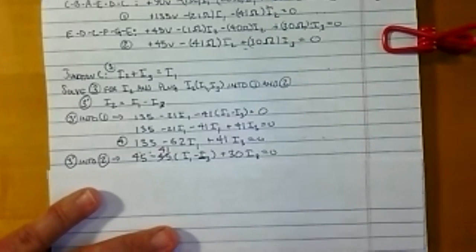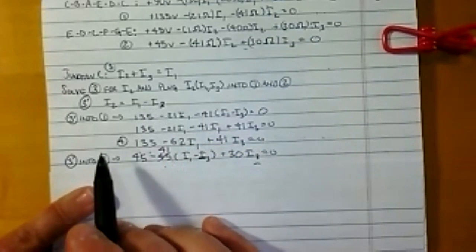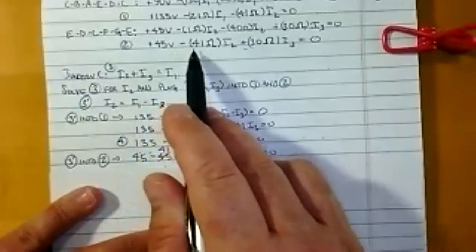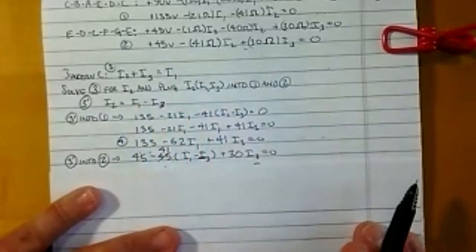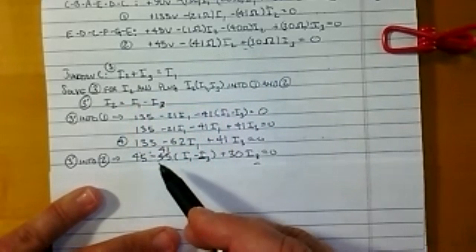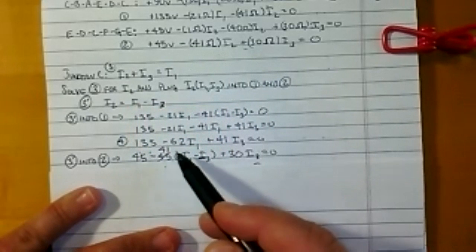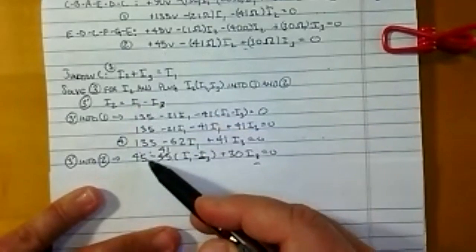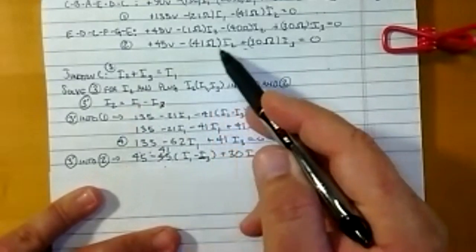Now I'm going to plug 3 prime, remember, that's just I2 equals I1 minus I3, into equation 2, which is the 45 minus 41 I2 plus 30 I3. I made a writing error there, but I just crossed it out and put a 41. So it's supposed to be 45 volts, which I just call 45, minus 41 times I2.